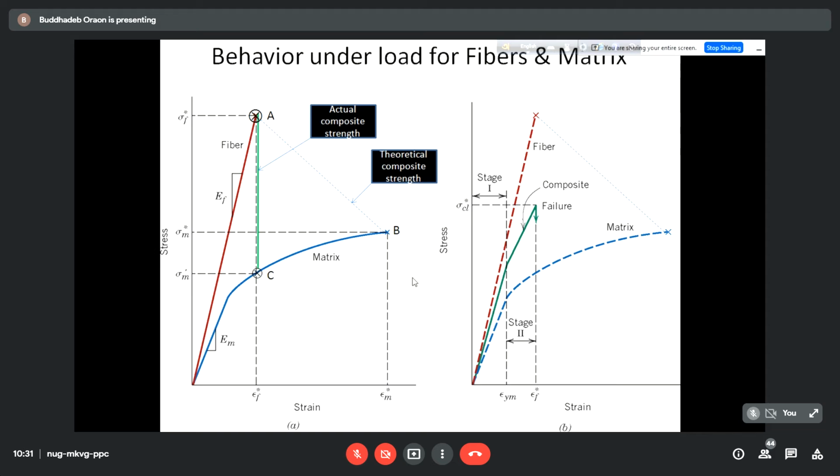What has been shown here is that we are trying to understand the behavior of a composite material under loading, and we are applying the load in the longitudinal direction. You can consider this the behavior of composite material under longitudinal loading. So here we can see two diagrams.